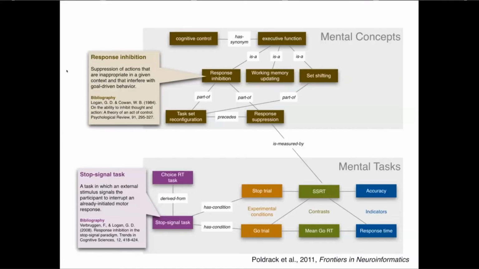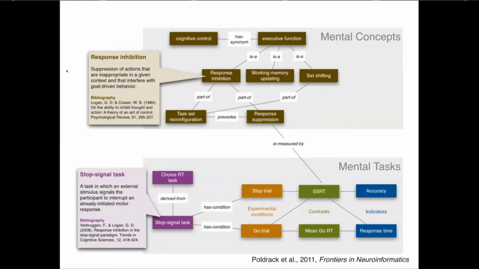So this is the kind of knowledge that's contained in the Cognitive Atlas. We describe what we call mental concepts, which are things that are in the head that we can't see, but that we think tasks measure, things like executive function or working memory updating. And then we describe the mental tasks that measure them, right?